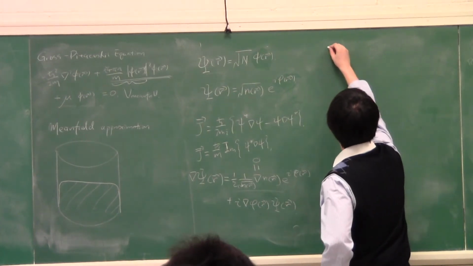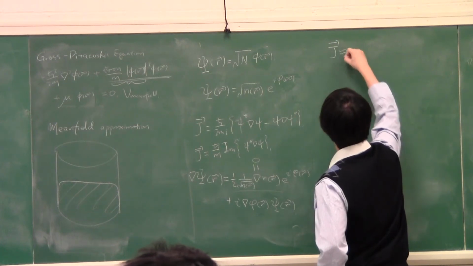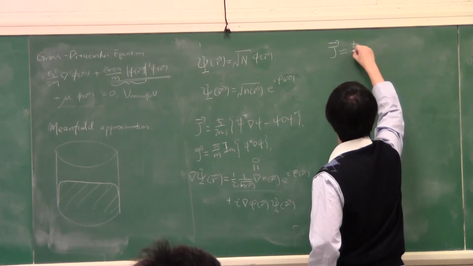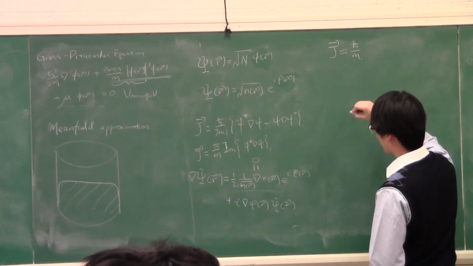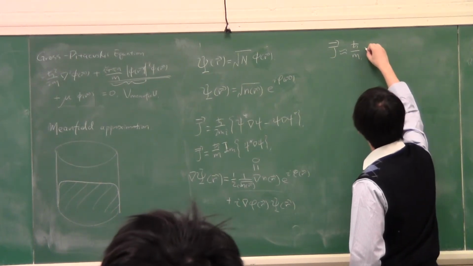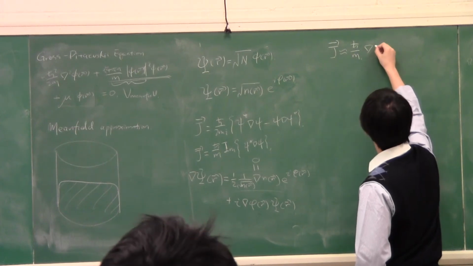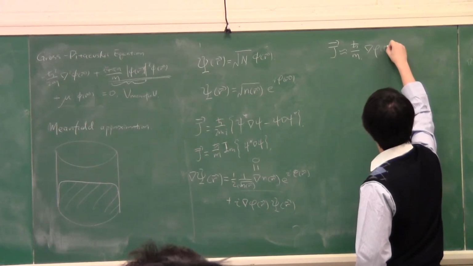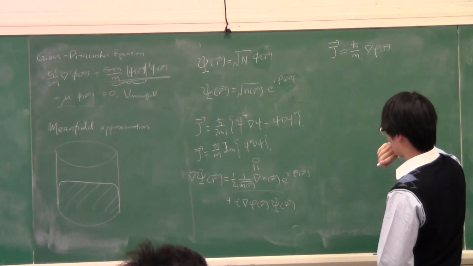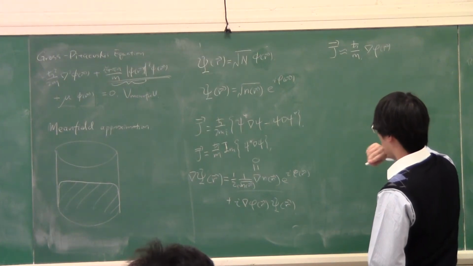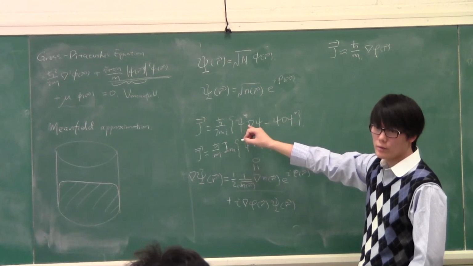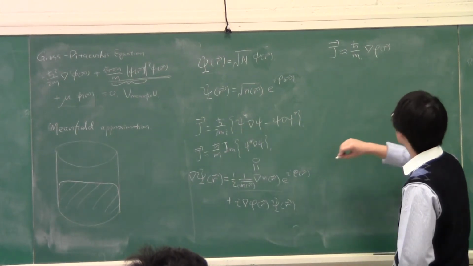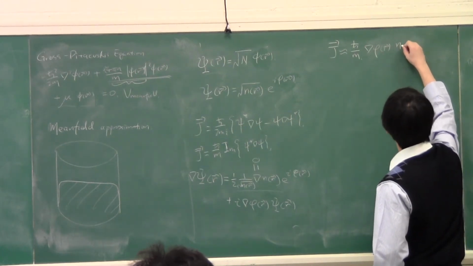So the probability current is approximately equal to h bar over m, times the gradient of the phase, and then psi of r times psi of r conjugate, which cancels the phase vector. So this just gives you n of r.